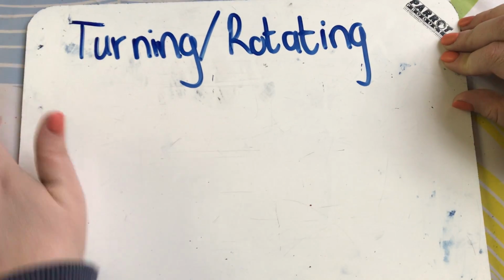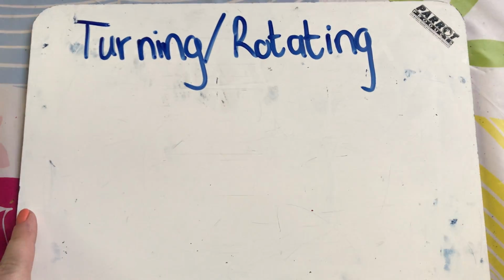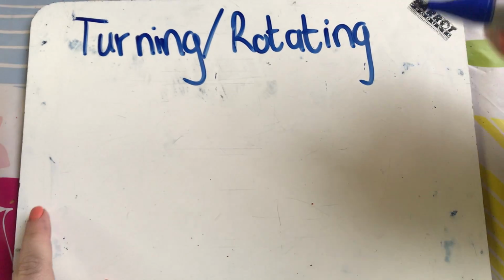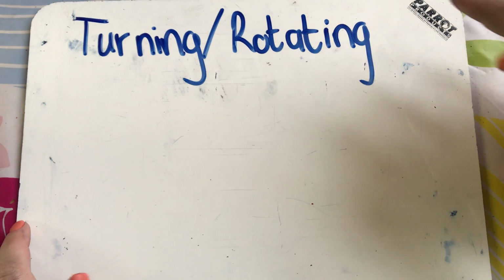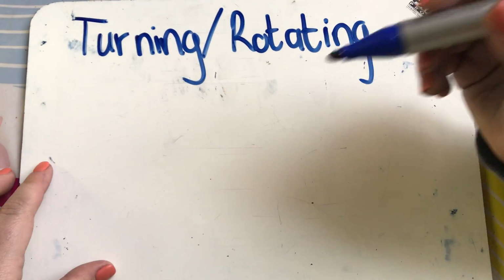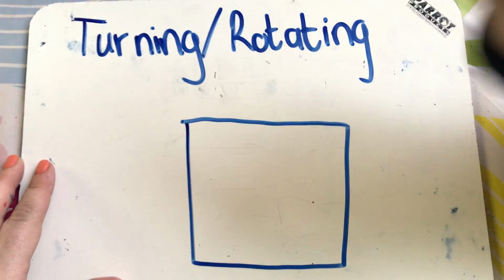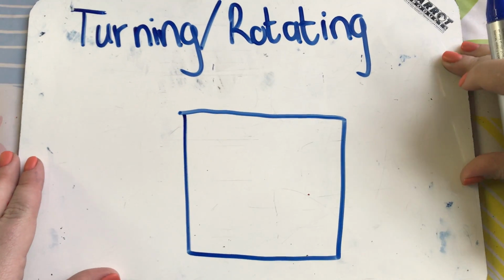Good. The other thing about turning and rotating is how far you should turn or rotate. Now, I explained this to the kids in the class as well. The worksheet you're going to get is going to have a little block like this.